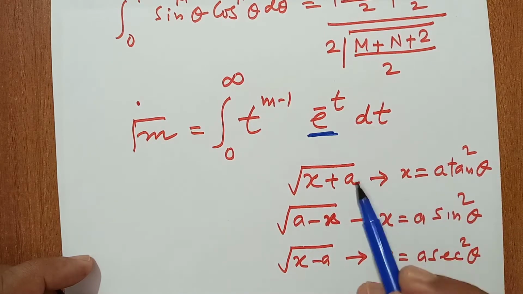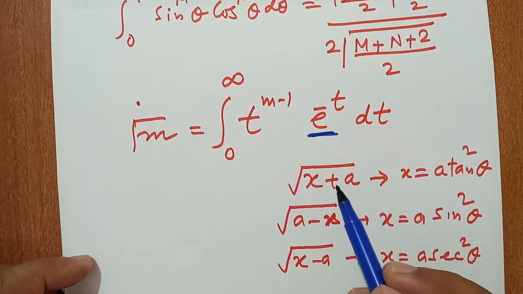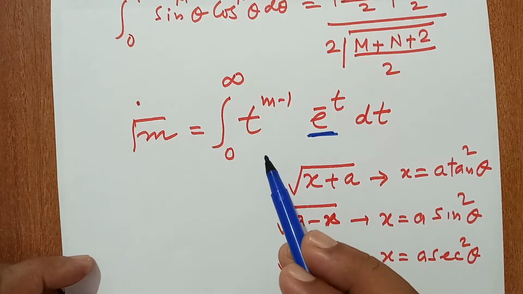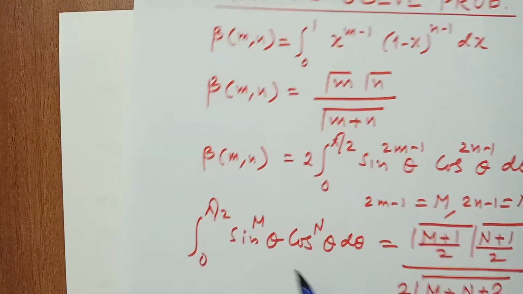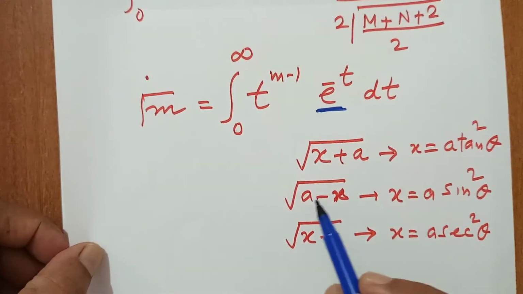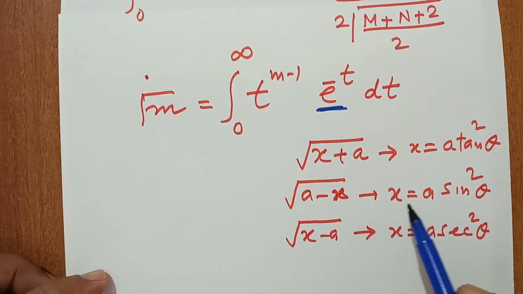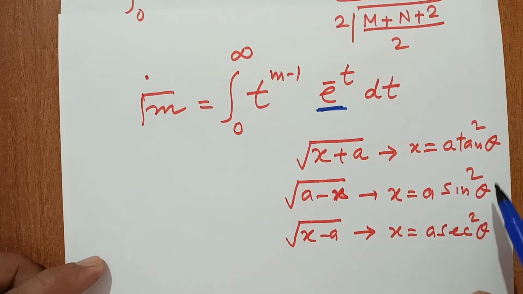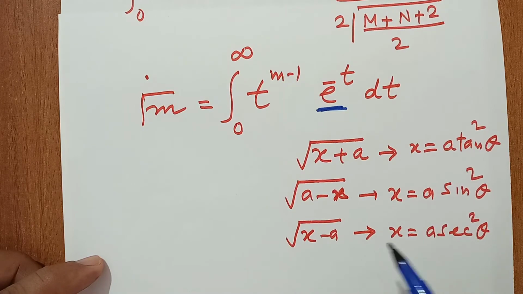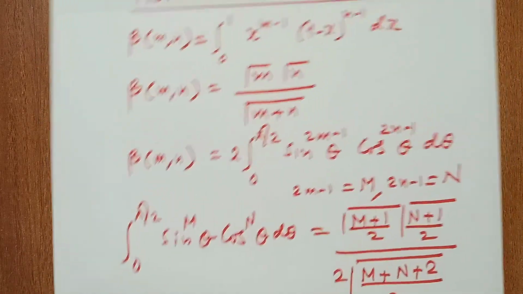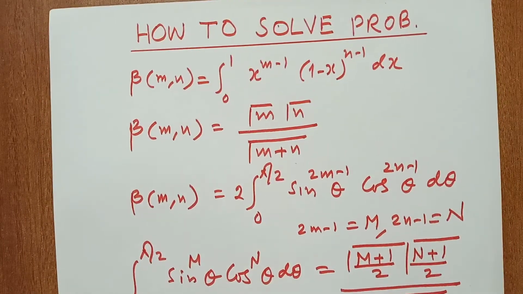By this substitution, the question automatically converts into the beta function, where the limit will be 0 to pi by 2 and the integrand is sine m theta cos n theta. If it is a minus x, you substitute x equal to a sine square theta; for x minus a, x equal to a sec square theta. By this substitution your question will change into the beta function or gamma function, and we solve it very easily.